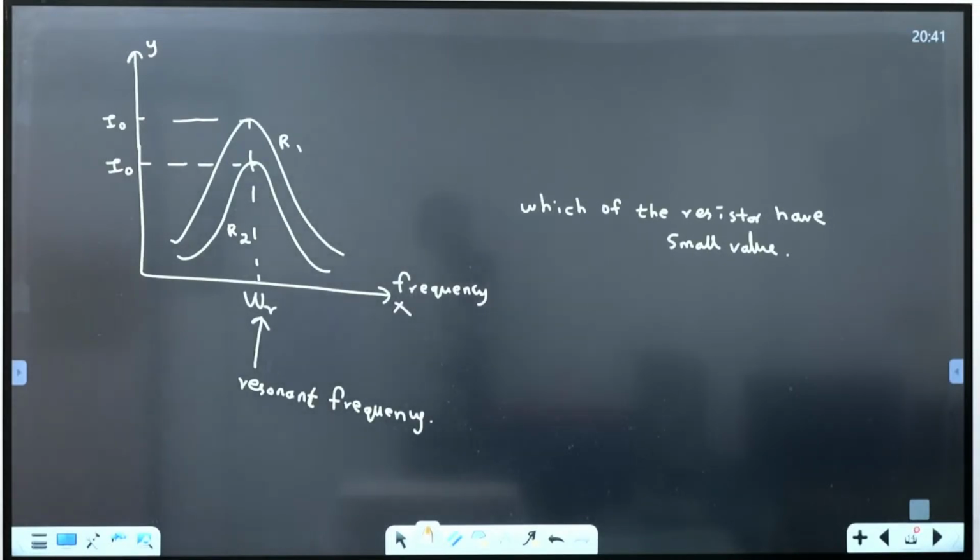Can anybody say which of the resistor have small value? R1. R1 is the correct answer.